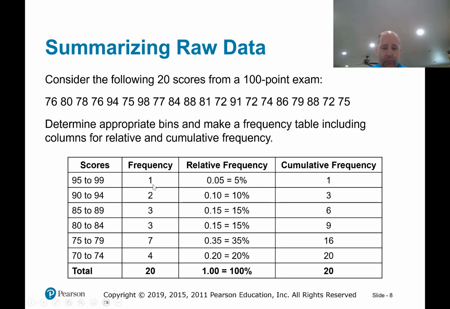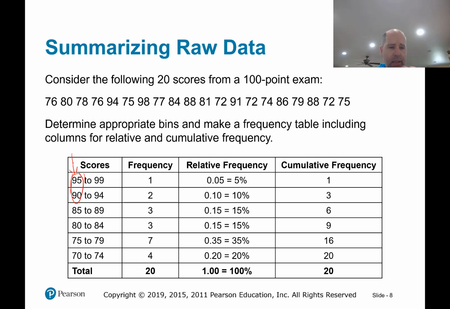So here's what they did, right? So they binned by fives. Okay. And the reason why you can see that they've binned by fives is you just subtract any two of the same endpoints or class limits, right? So these are class limits.